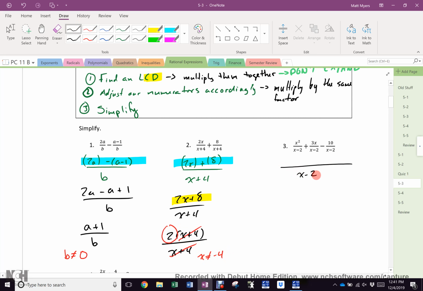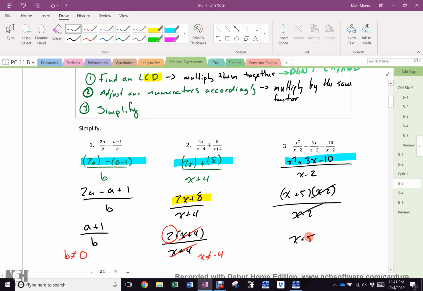All right, let's look at the third one. Already got a common denominator, yeah? So none of the top needs to change. Can you see anything to do there? Of course you do. It's x plus 5 and x minus 2 over x minus 2. Now what? Cancel, cancel. And our final answer, x plus 5.